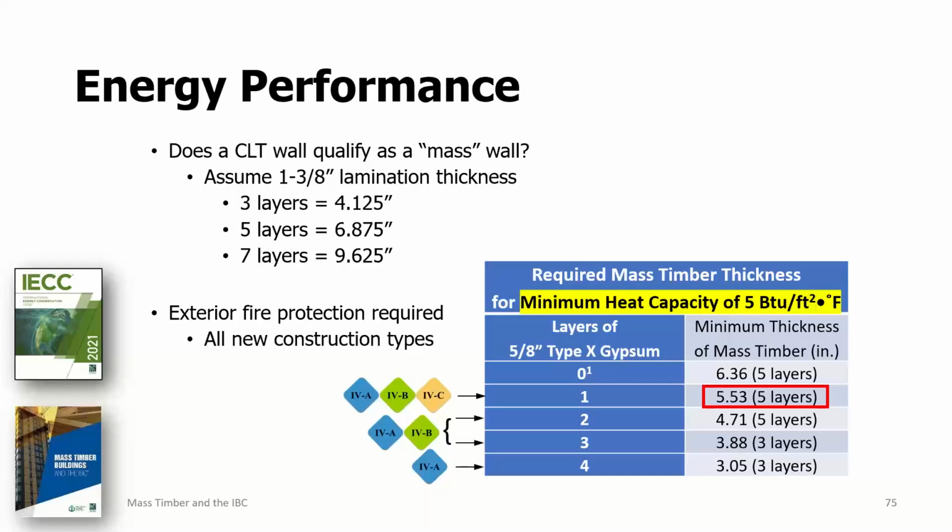Now, this isn't including any other components that might be on there, like cladding or whatever it may be, but you'll see that generally speaking, you need to be in that 5 layers in order to be considered a mass wall. Next slide.